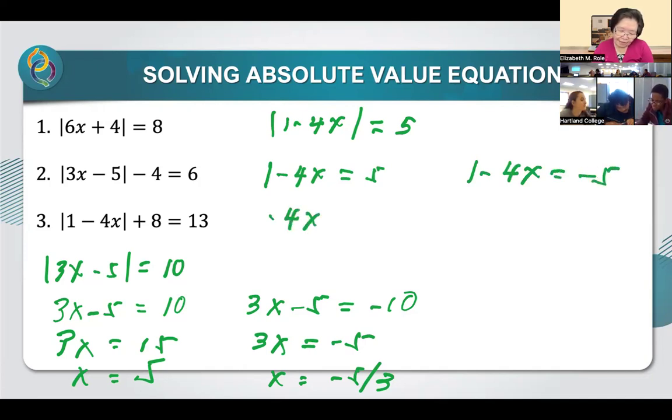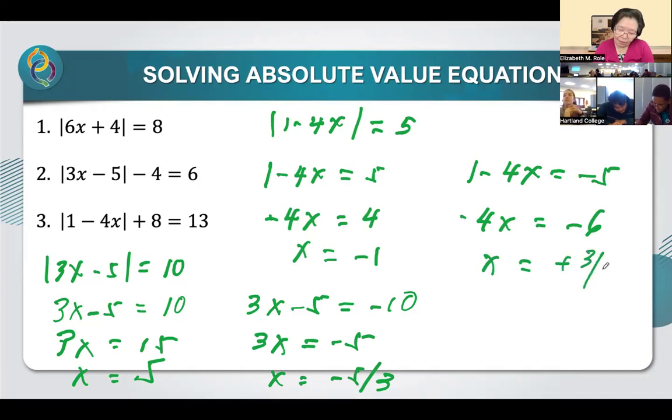Minus 4x is equal to 4, so x is equal to -1. Minus 4x is equal to -6, so x is equal to positive 3/2. So -1 and 3/2. Is that easy? Yes, it is. We wish we could just have all absolute value equations, all right?